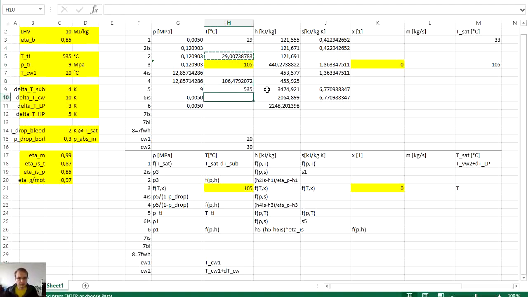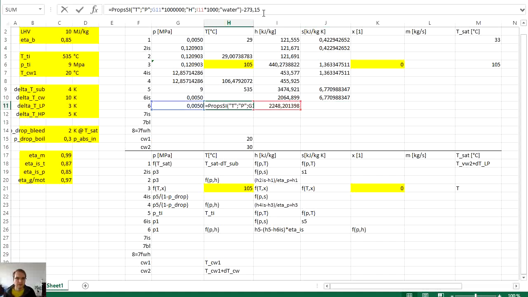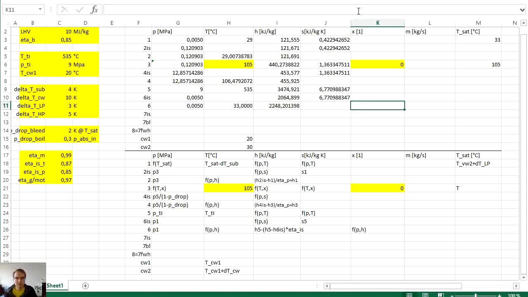So let's get the temperature. We can see that the temperature is our condensing temperature, just a small rounding error in the last decimal. And basically the same function, we just modify it a little bit for the quality.